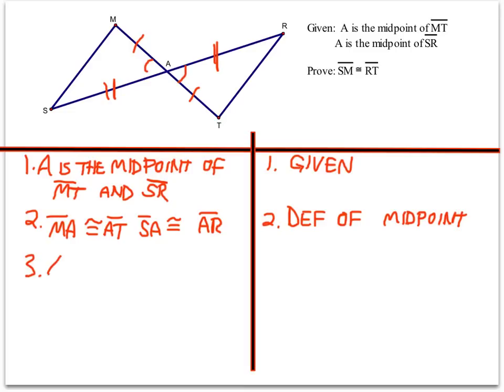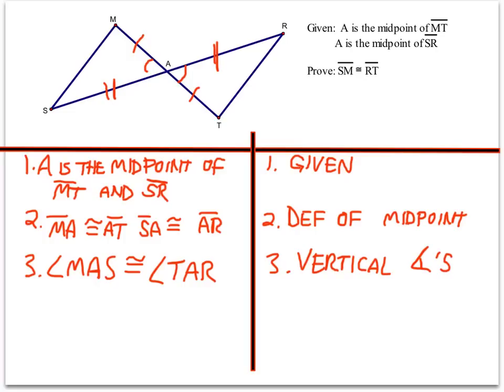So we can state that angle MAS is congruent to angle TAR, keeping in mind that the orientation needs to be the same, and that's by the vertical angles. So now what we have is a side, an angle, and a side. We're done.